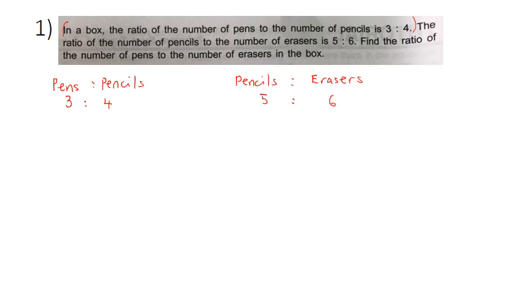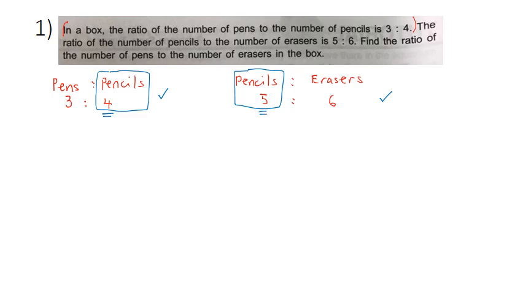Now what do we notice? From these two comparisons, pencils is being repeated. We do know that the number of pencils remains the same whether it's in the first comparison or the second comparison. However, the number of units mentioned for pencils here is different.